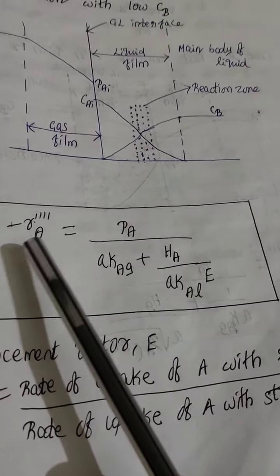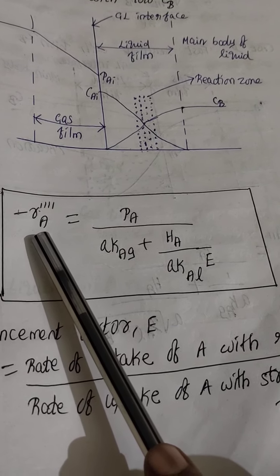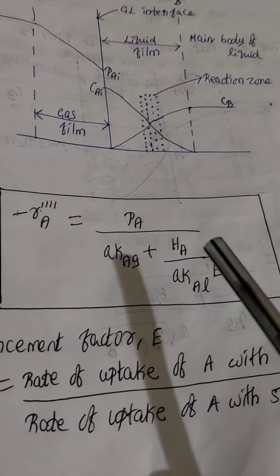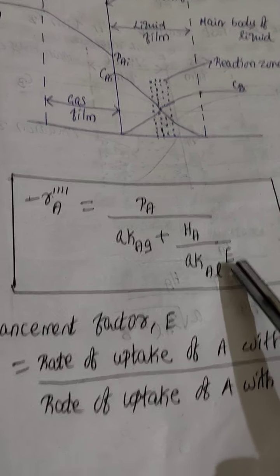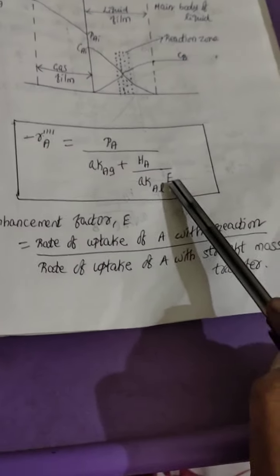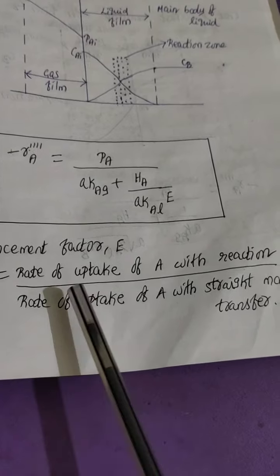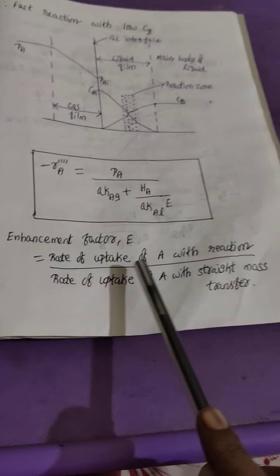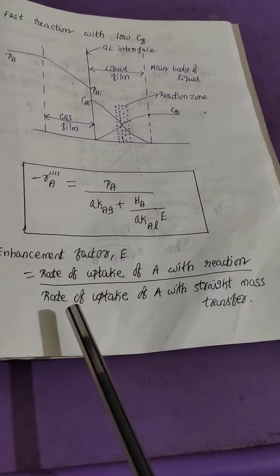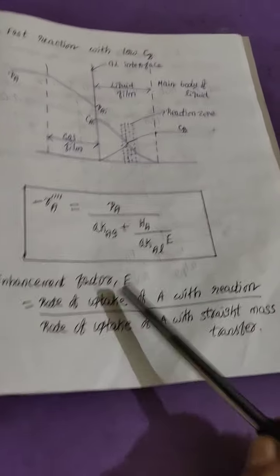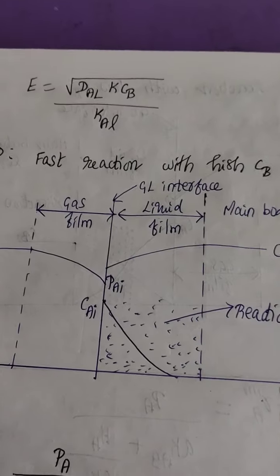And this is going to be the rate equation. So in the rate equation, you can find a new term called enhancement factor. Enhancement factor is defined as the rate of uptake of A with reaction divided by the rate of uptake of A with straight mass transfer.